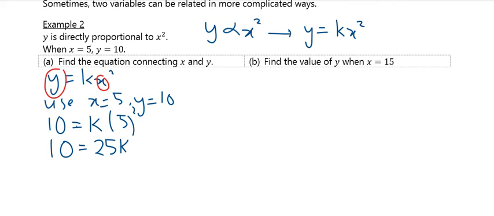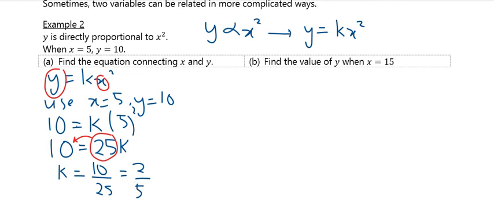And when you move 25 to the other side, it becomes division. So k is equal to 10 out of 25. When you simplify 10 out of 25, 10 divided by 5 is 2 and 25 divided by 5 is 5.